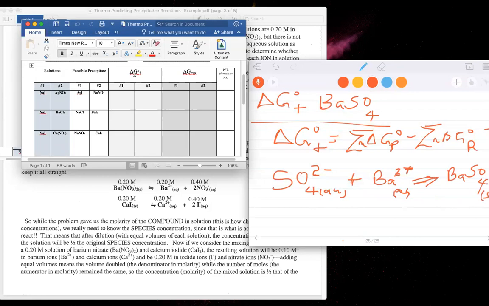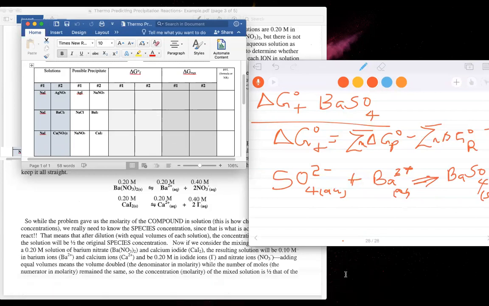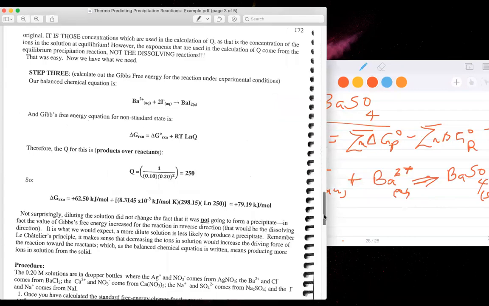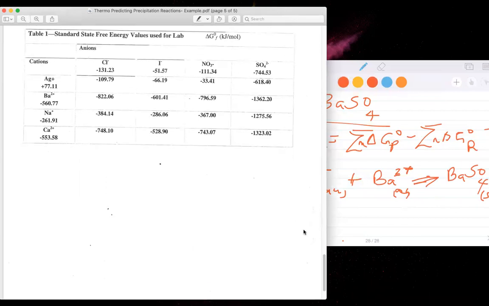Now we're going to use the table. All right, there is a table here. Yeah, this table right here. You see this? That's why we are given here product minus reagent.